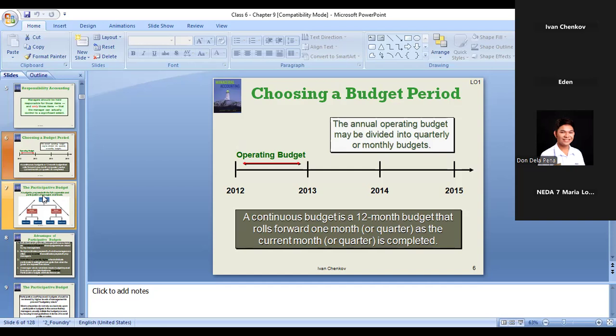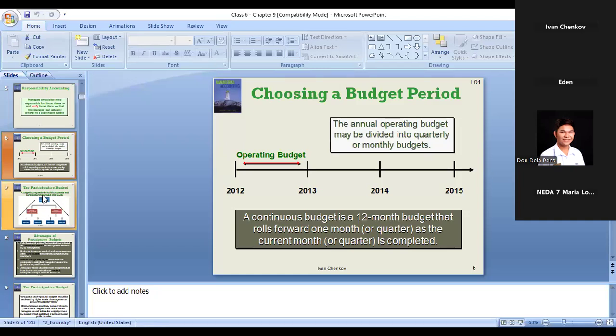Short-term goals in the company are usually related to the operating cycle of the company, which is 12 months. If we prepare the budget for 1 year or 12 months, that will be called an operating budget. Why? Because we're dealing with the current operations of the company. Anything within 1 year is called company operations.